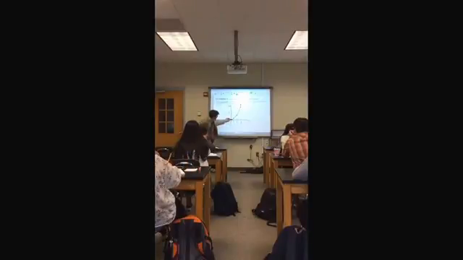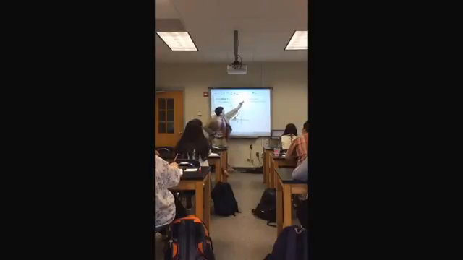I'll have a rectangle right here. I'll have a rectangle right here. I'll use a different color for each one. I'll have a rectangle right here. Fourth one will be right here.